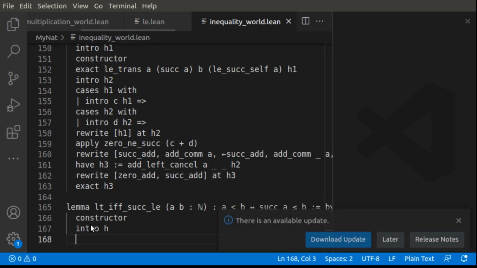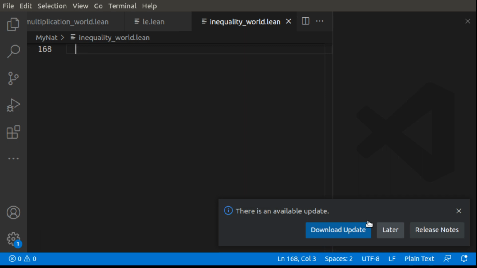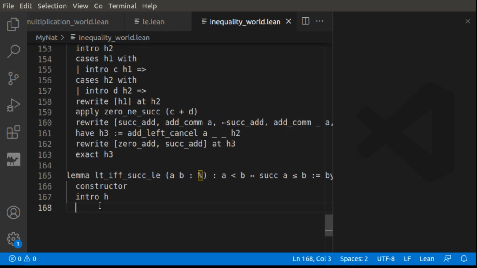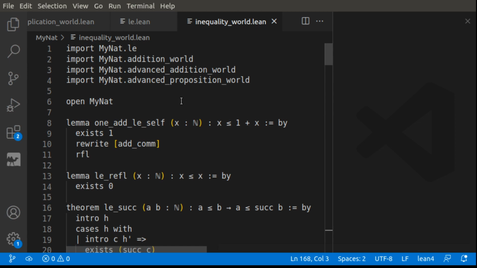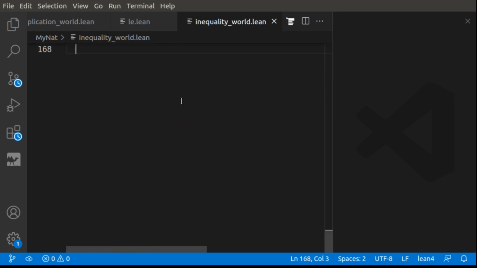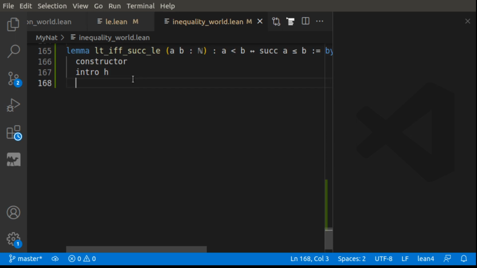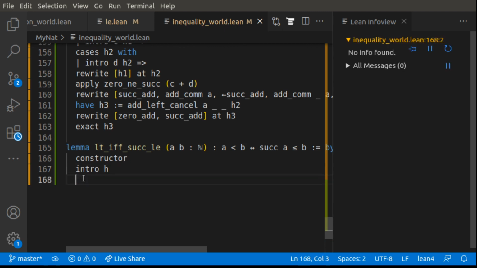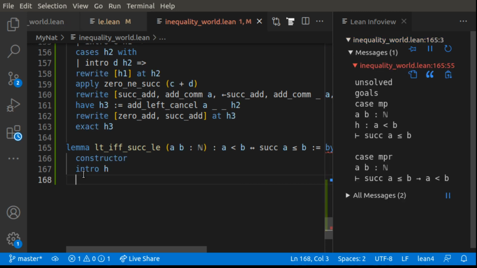Let's see if this works. Don't want an update. We want Lean. That's going to reload all the lines. And let's see if this works. Okay, nice.